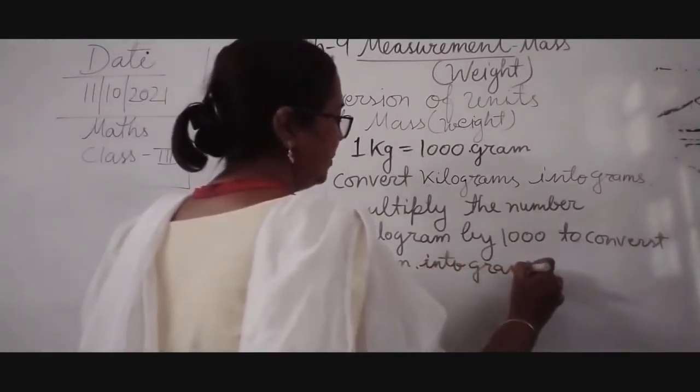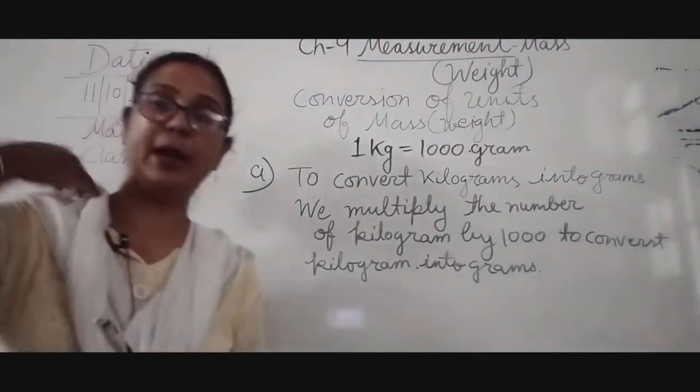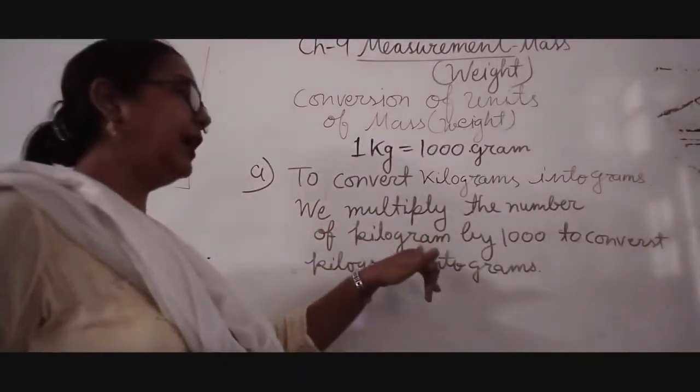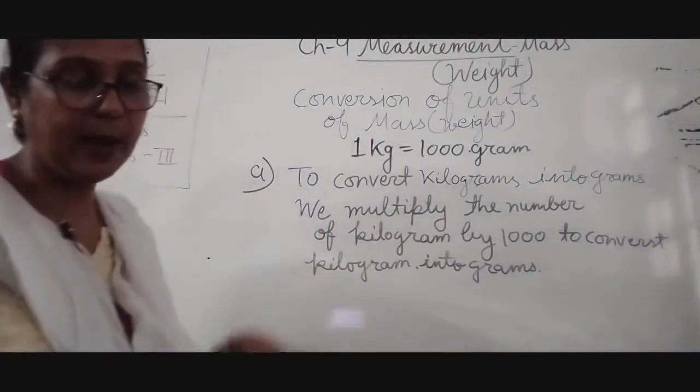So always remember, children, whenever we are converting kilograms into grams, we have to multiply the number of kilograms by 1000 to convert into grams.